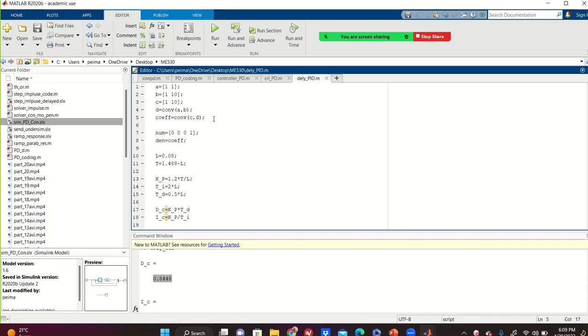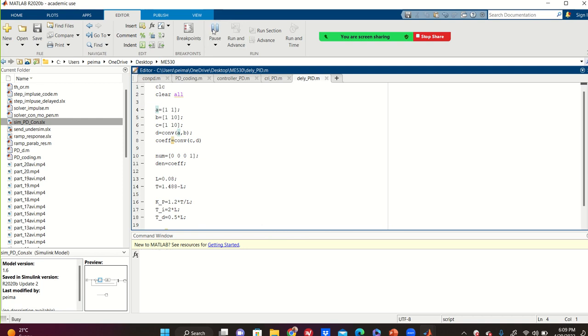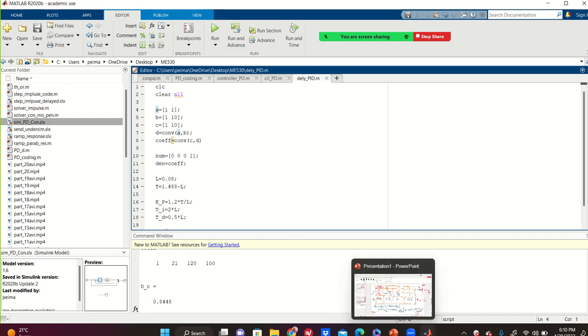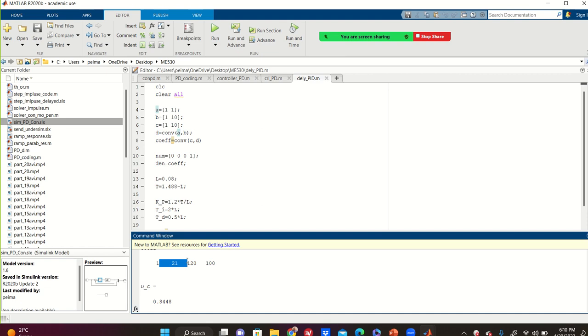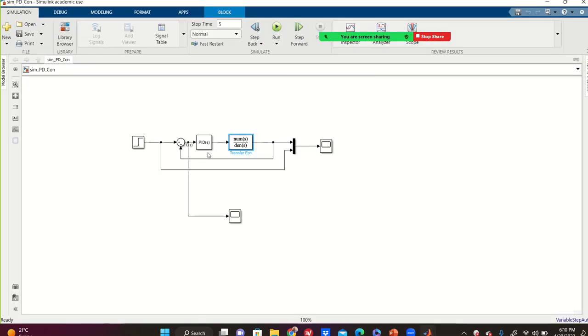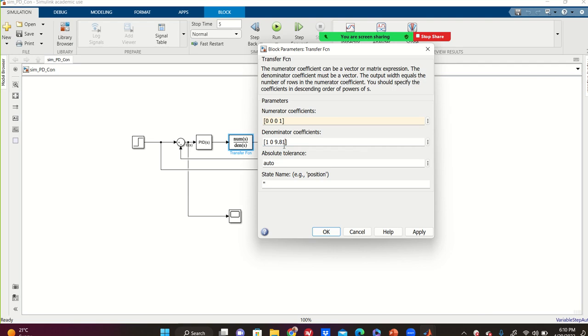The coefficients were 1, 21, 120, 100. I'm going to copy from here and put it back here. Guys, is this right if I put this here?